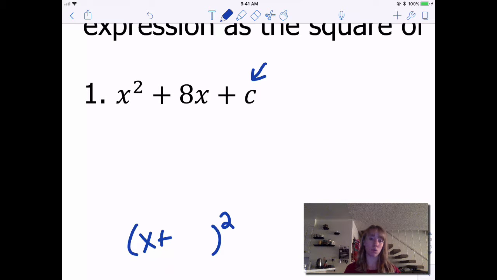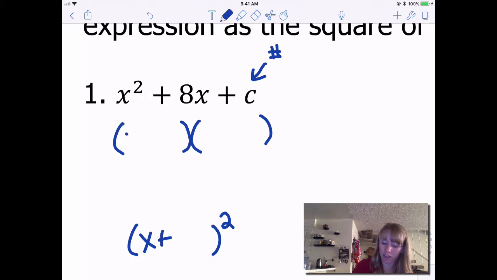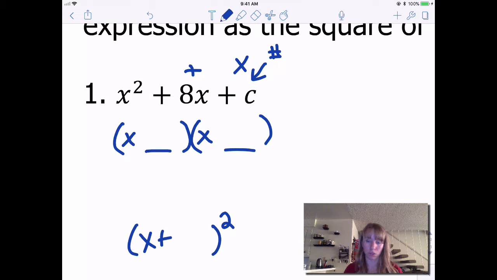So I want to write x squared plus 8x plus whatever c is, some number, as something times itself, x and x. And I want these two things to be exactly the same so that they add up to 8 and multiply to whatever c is. So we'll deal with c later.